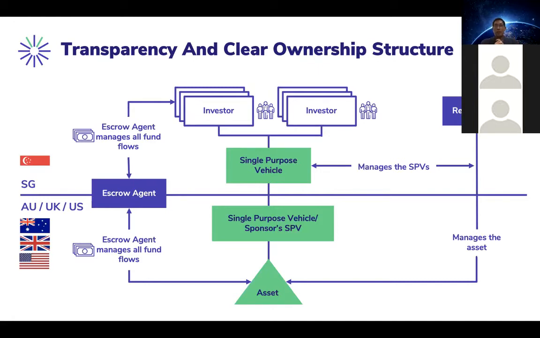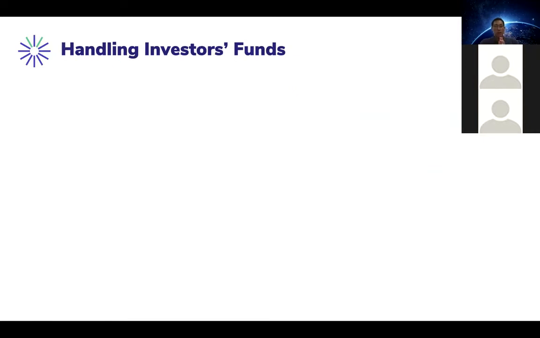Another key feature that we have, you can see to the left, is what we call an escrow agent. The escrow agent is a third-party fund custodian. Their job is to manage the bank account and safeguard funds on behalf of the investors. Let me elaborate on this. Handling funds from our investors really has to be done in a systematic and procedural manner, and it is important to have the relevant checks and balances.